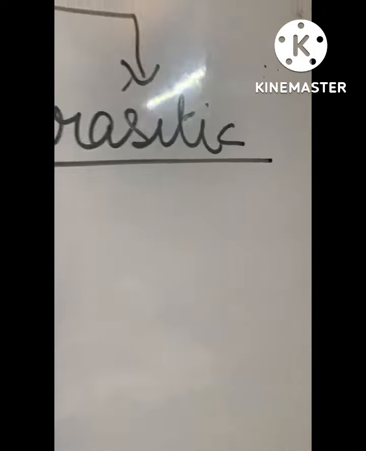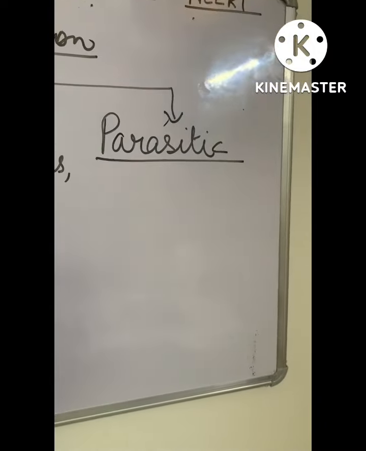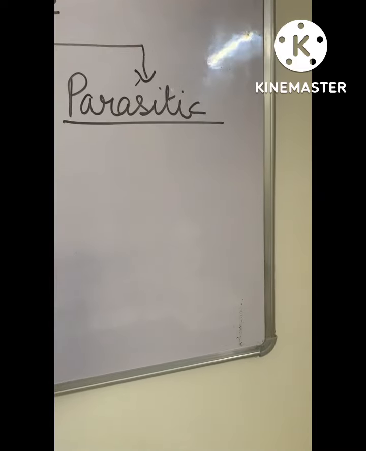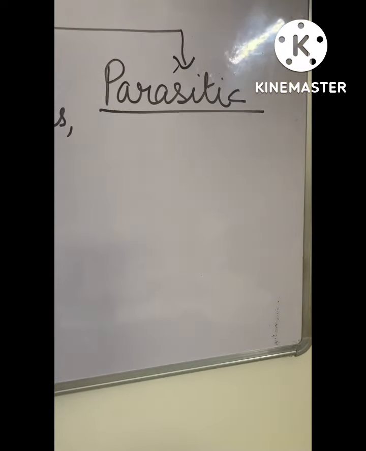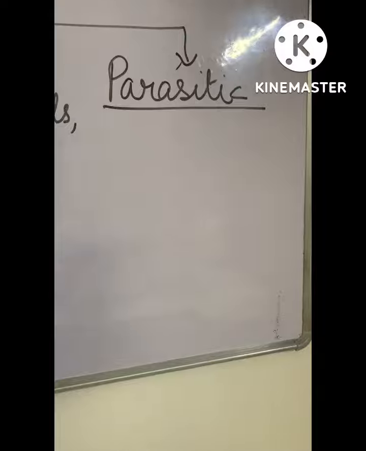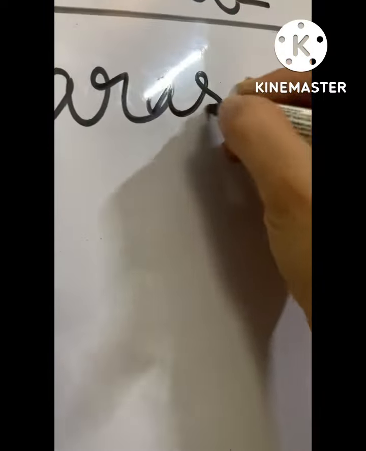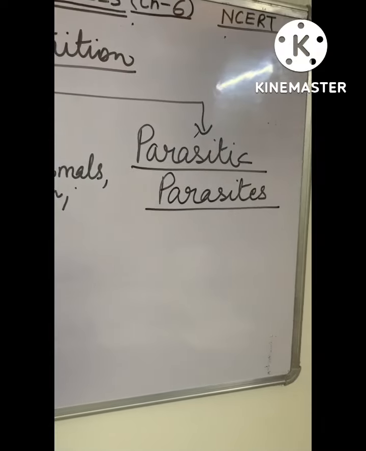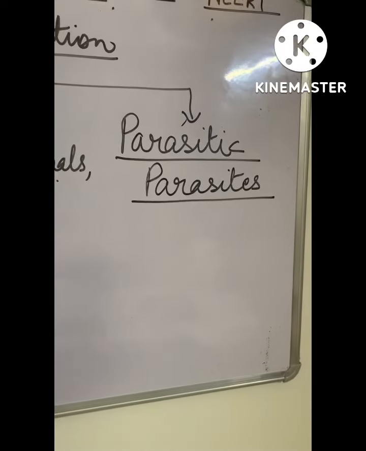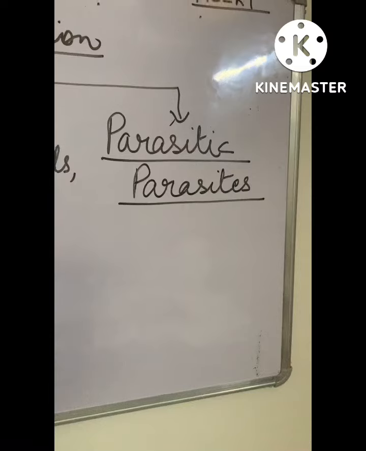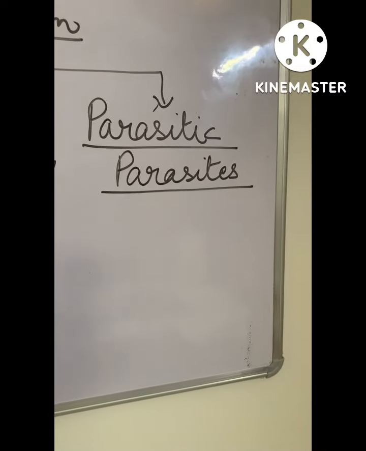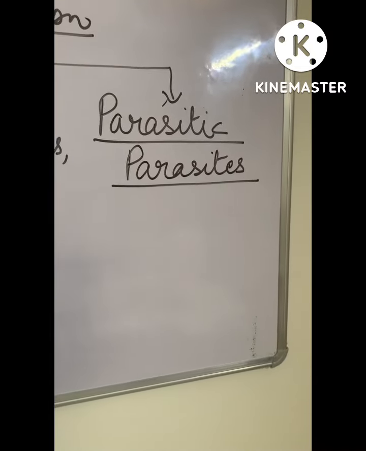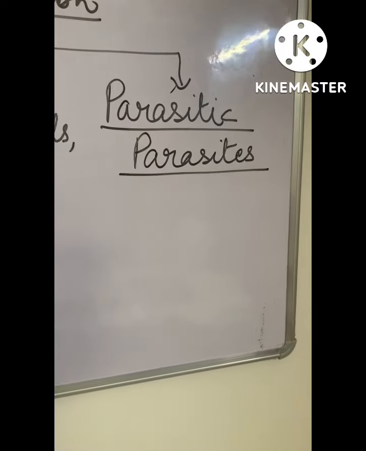The organisms which follow this mode of nutrition are known as parasites. So the parasitic mode of nutrition is the nutrition where the organism lives in another's body and derives food from the body in which they live.